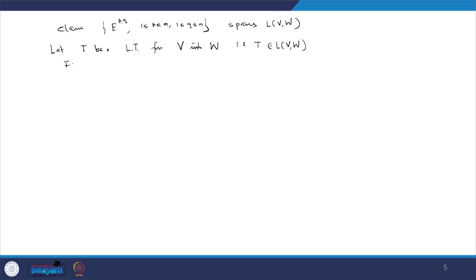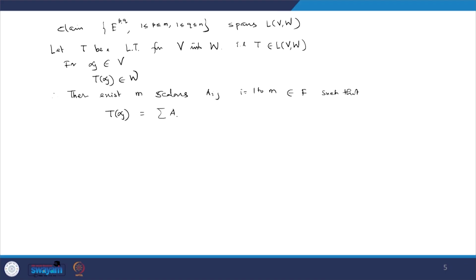For alpha j belonging to V, this alpha j is a basis element of V. Now, T alpha j will belong to W. So, this means that I will be able to express T alpha j as a linear combination of the basis elements of W, meaning there exist m scalars A_ij, i equal to 1 to m, belonging to F such that T of alpha j equals the sum of A_ij beta i, i equal to 1 to m.